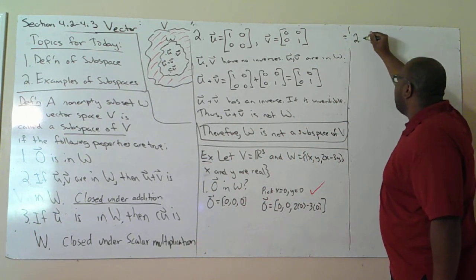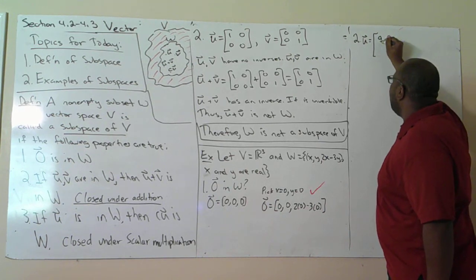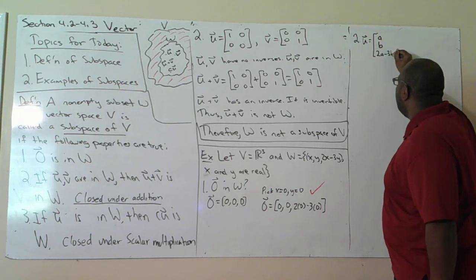So let me write it this way. I'm going to write U vertically, and I'll say it has A, B, and then it's going to be 2A minus 3B.